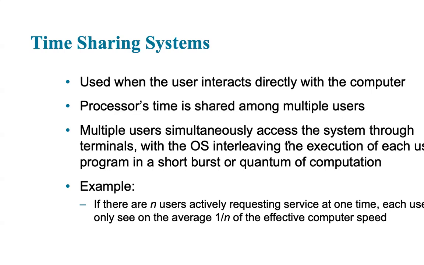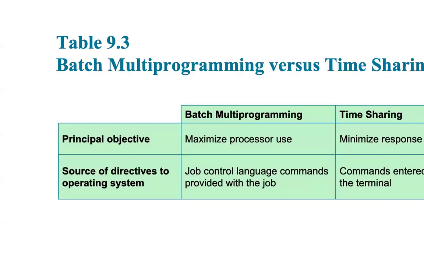Multiple users simultaneously access the system through terminals. So this would be like communicating directly with a mainframe, with the operating system interleaving the execution of each user's program in a short burst or quantum of computation. So that gives you an idea of how that would work.